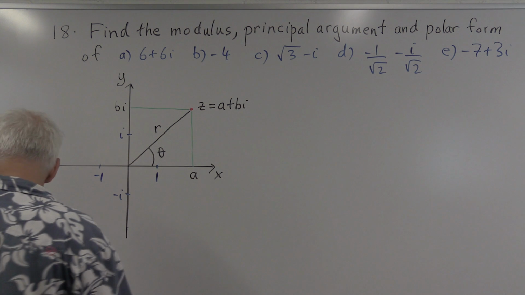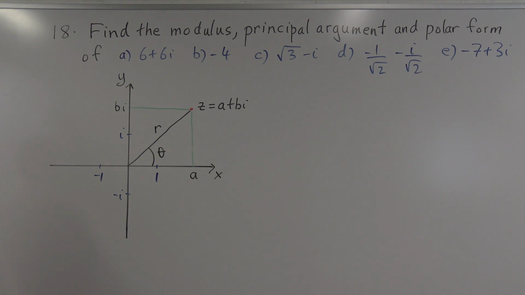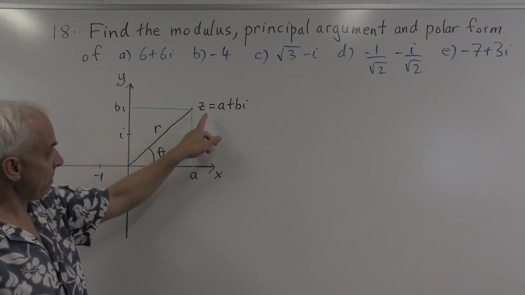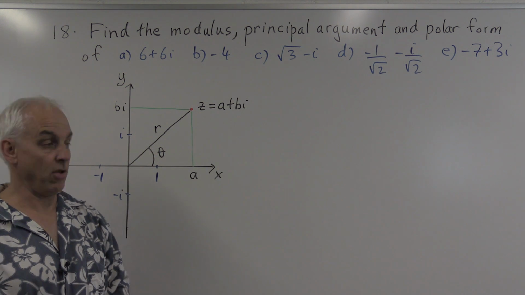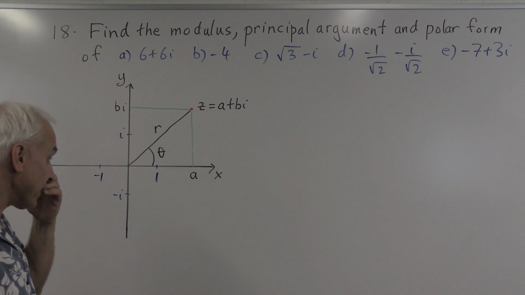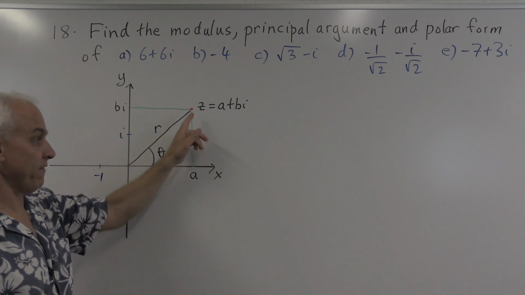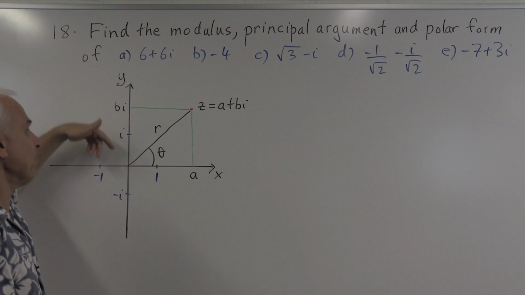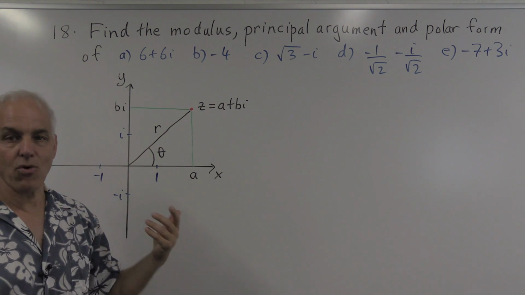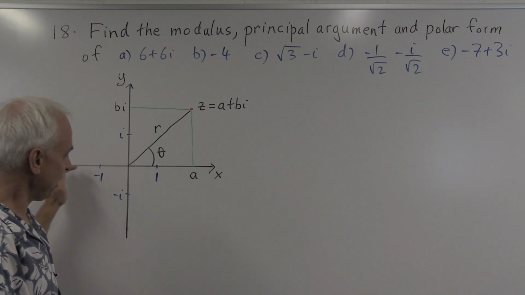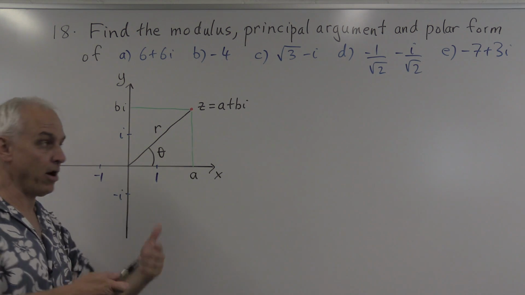Here is an Argand diagram where we visualize complex numbers. Here's a complex number a plus bi called z. And I remind you that what that means is that a is the x-coordinate of that point, and b, or bi, is the y-coordinate of that point. So we're thinking of the x-coordinate as being the real part.